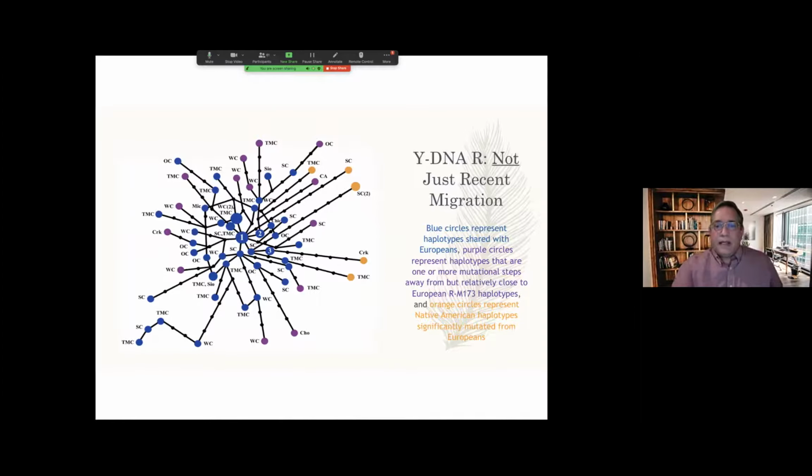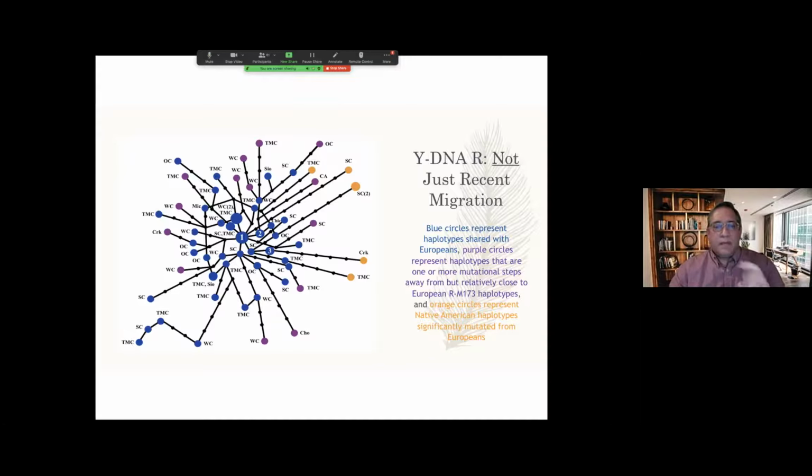And then the purple ones were what they were finding in these Native Americans. The abbreviations represent the different tribes that they were testing. I don't have the legend here for it. But the purple ones were not found in Europe. So it's a European or a Caucasian DNA type, but it's not found among current Europeans.